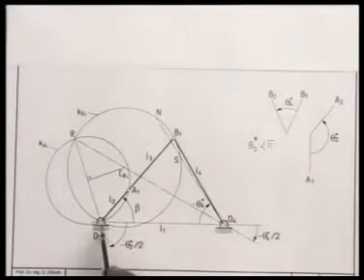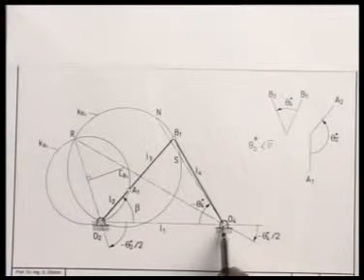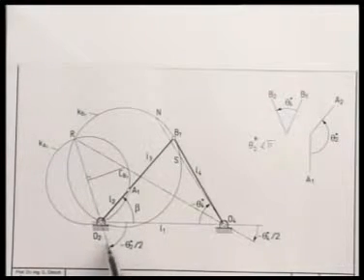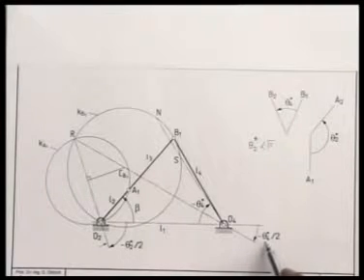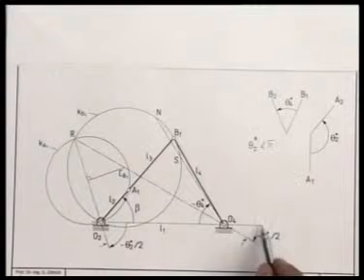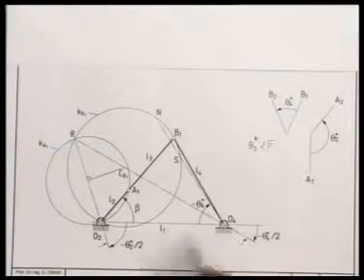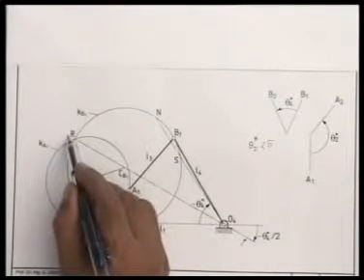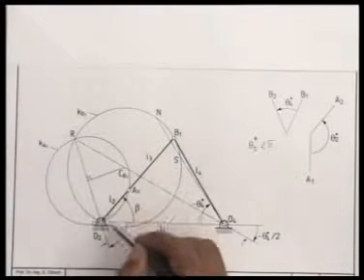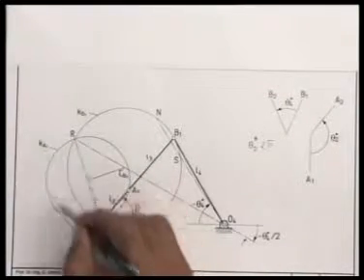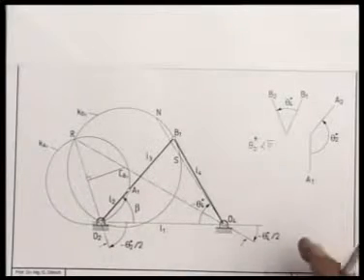Just as before, we choose O2 and O4 arbitrarily. We draw the same two lines: at O2 at an angle minus theta 2 star by 2 with O2 O4, and at O4 at an angle minus theta 4 star by 2 with the same O2 O4 extended. These two lines meet at R as before, and I draw KA1 with O2R as the diameter. Up to this point there is no change.